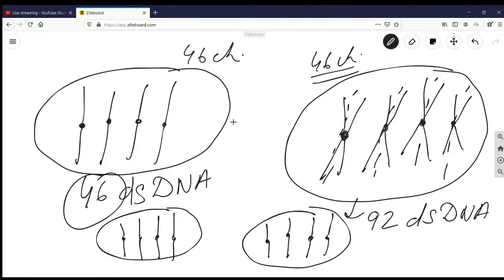The parent cell was diploid 2n, S phase, G2, then M. In the G2 phase DNA repair and all will occur, which I'll explain to you when the cell cycle chapter starts. Then we enter the M phase, the division phase. You will have 2n, one daughter cell, another daughter cell, again 2n. This is simply mitosis.